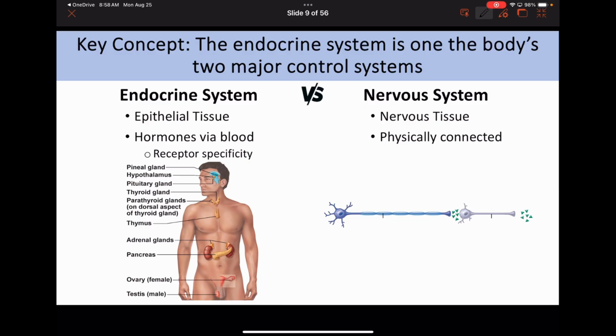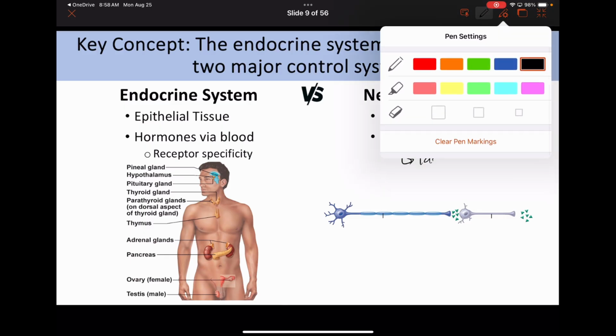Those are, now they're not exactly touching, but they're as physically connected as you can be. There's only a very small microscopic synapse in between neurons. And so a much shorter distance for communication with the nervous system. This is local.